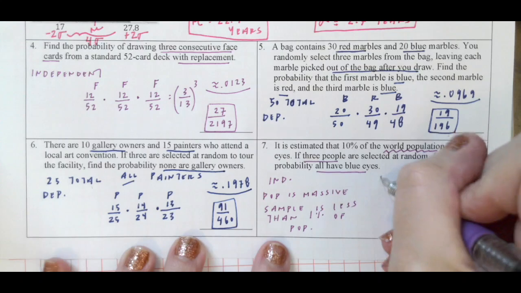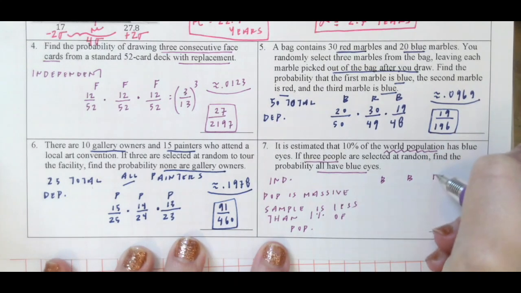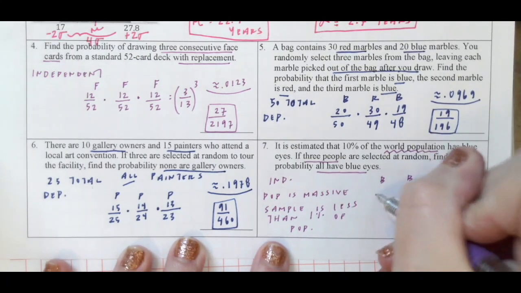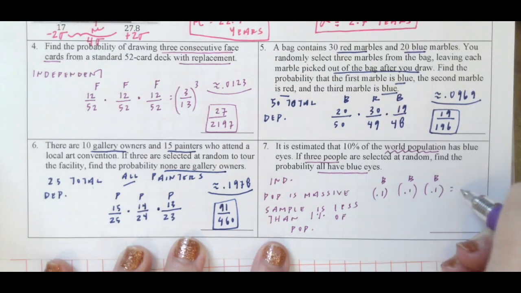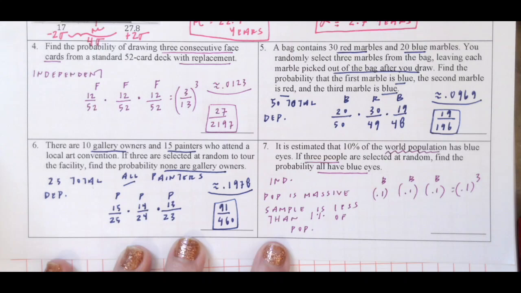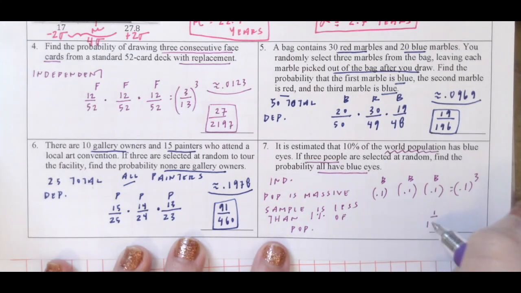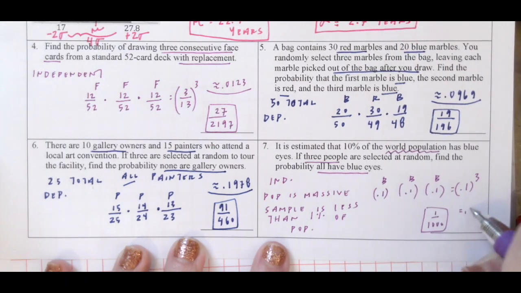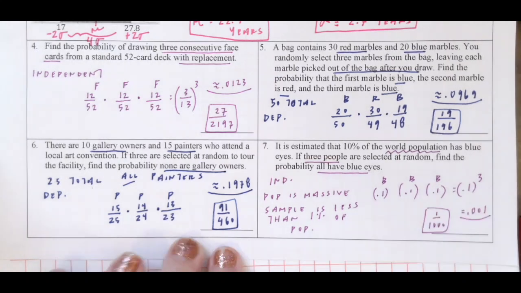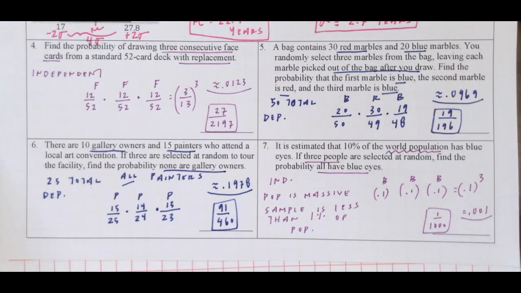So if I'm doing 3 blue-eyed people back to back to back, I really just need 0.1 to the third power. So 1 out of 1,000, or 0.001. All right, so those were all independent.